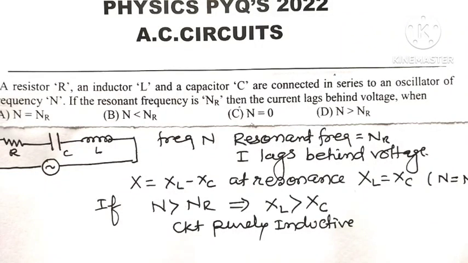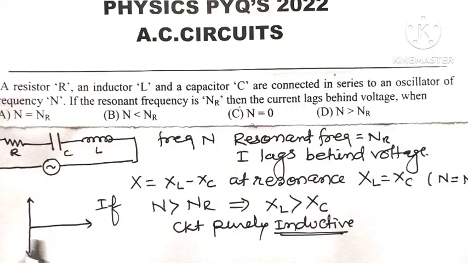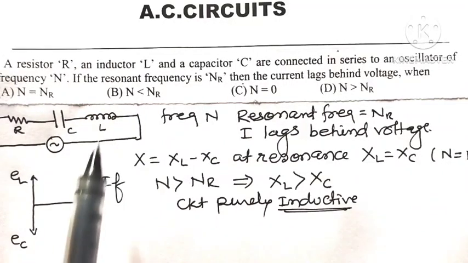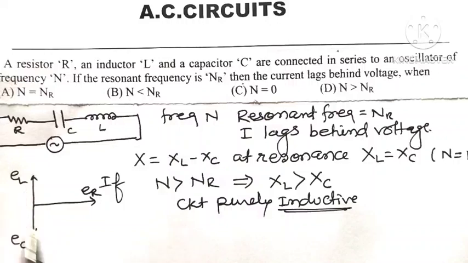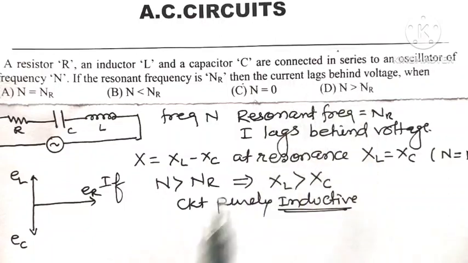Whenever the circuit is inductive in nature, if we look at the phase diagram, we have the EMF across the inductor EL, across the capacitor EC and across the resistor ER. In case of an inductor, EMF leads the current, or current lags behind the voltage.